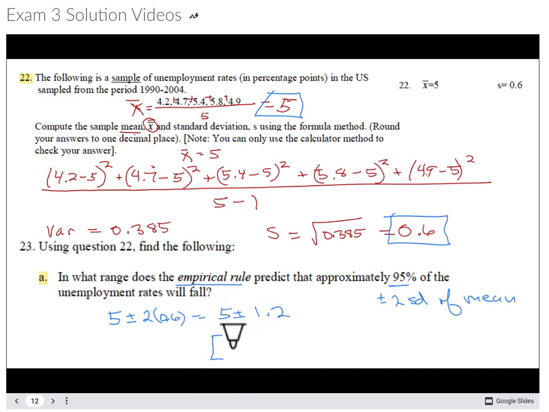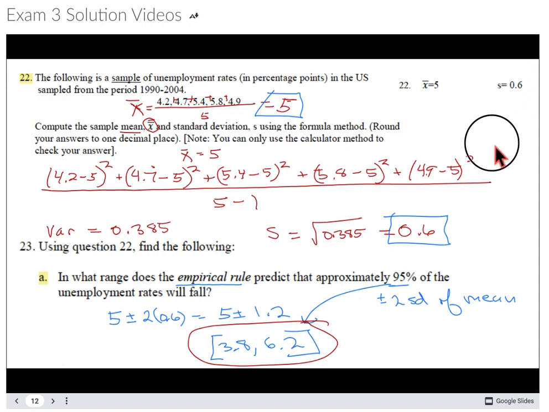So that gives you the lower end, subtract 1, you get 4, so that's going to be 3.8. 5 minus 1.2, all the way to 5 plus 1.2. 5 plus 1.2 is 6.2. There's our answer to that part. Where did I put it? Oh, I gotta click in here. There it is, 3.8 to 6.2.